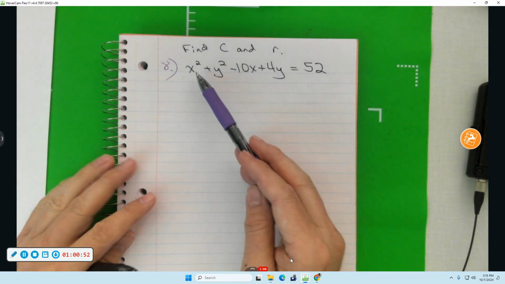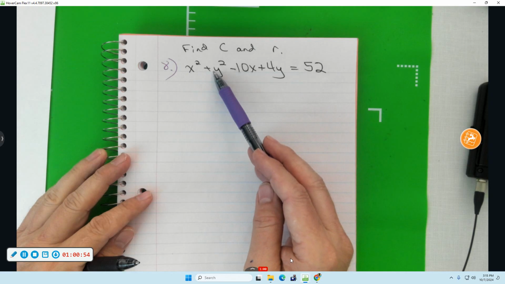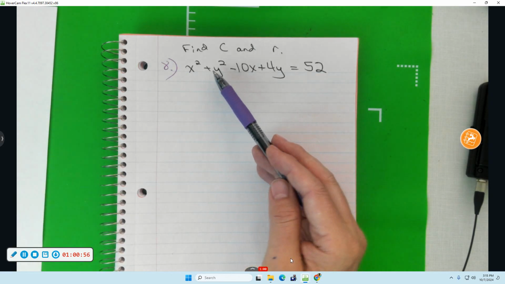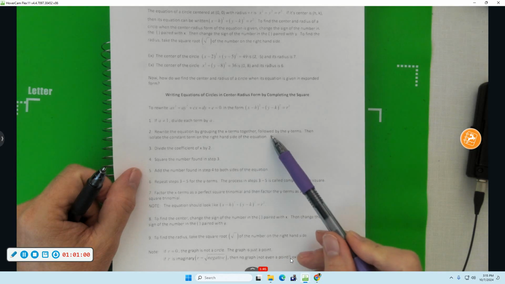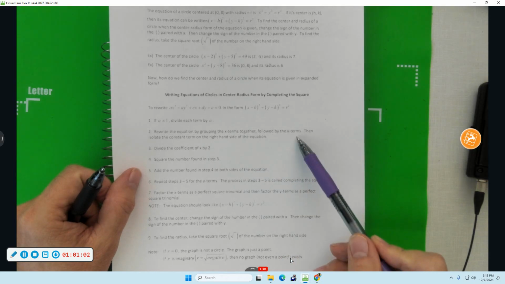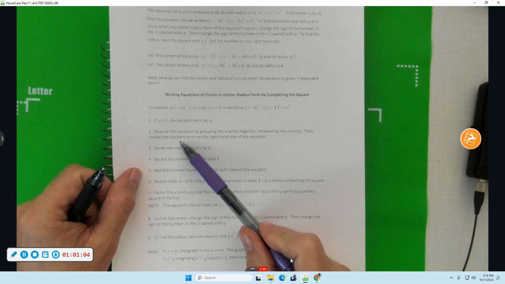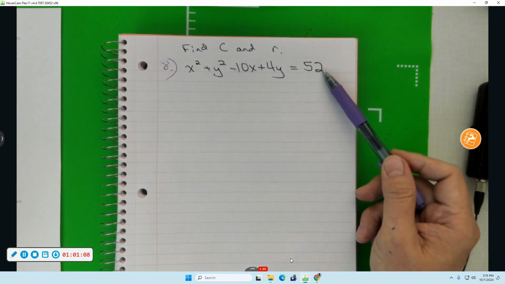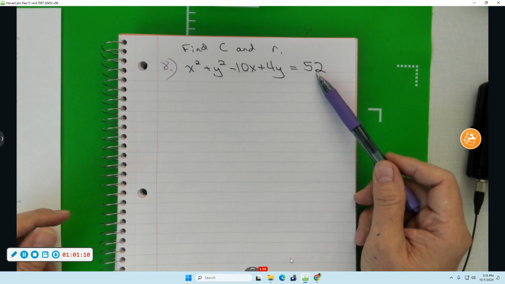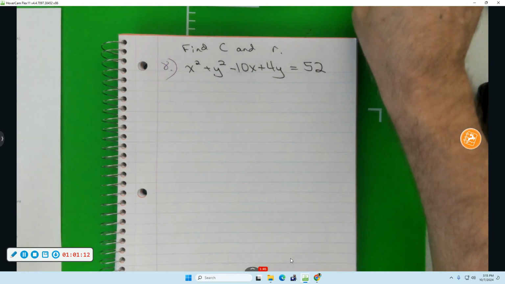We just skip over that. Our leading coefficient is already 1. And then the second step, rewrite the equation by grouping the x terms together, followed by the y terms. Isolate the constant term on the right side of the equation. We already have the constant term on the right, so here we go.